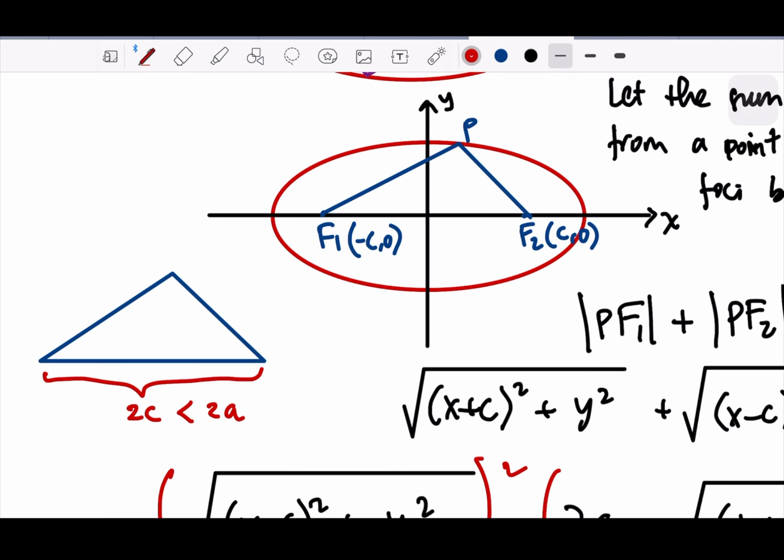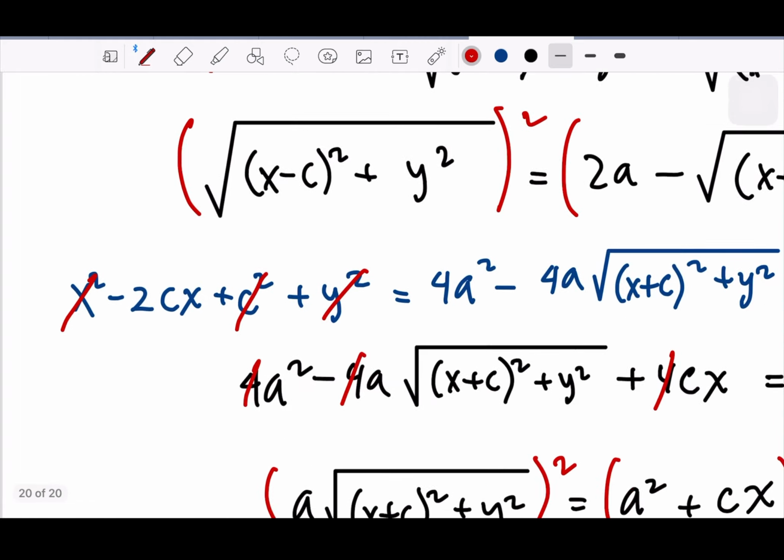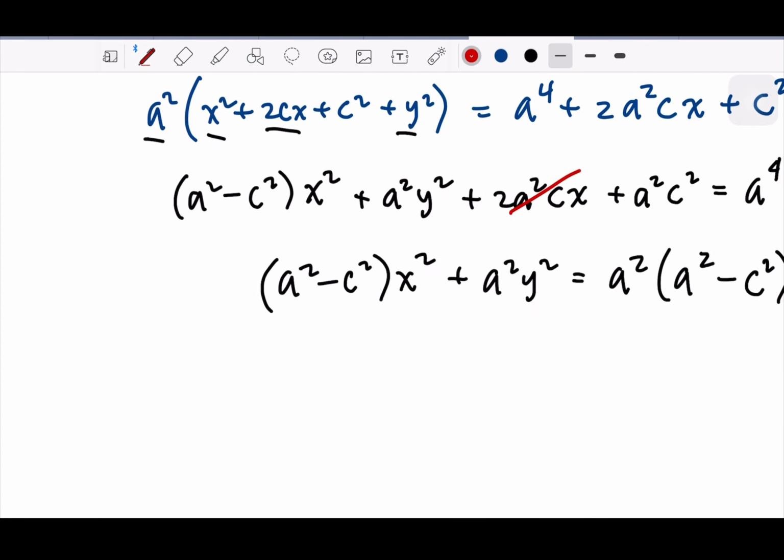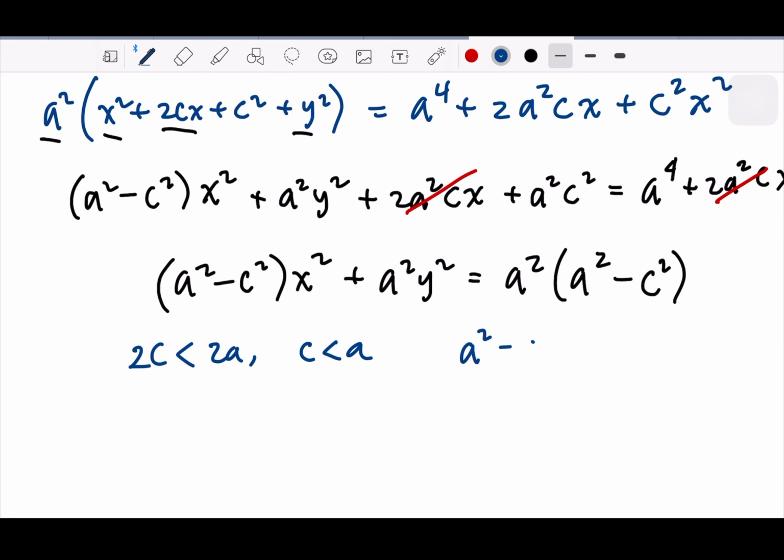Okay. So based on this, we can write down that 2c is less than 2a, then c is less than a, and therefore the equations here will be positive equations, right?